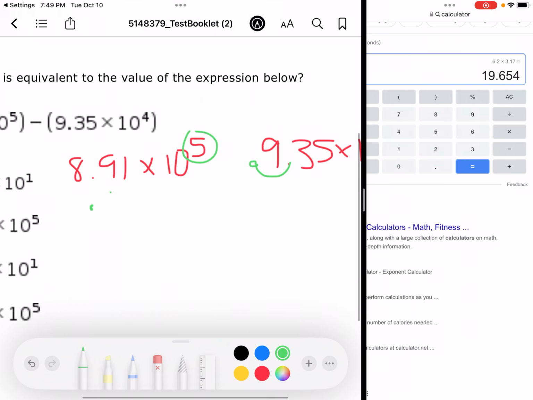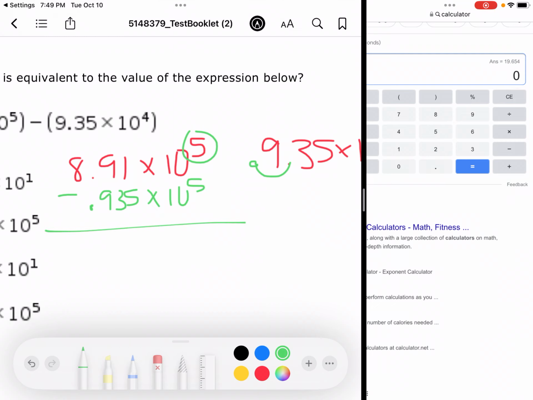So we have 0.935 times 10 to the 5th. And we're going to subtract. And I get 7.975, and then I bring this straight down.